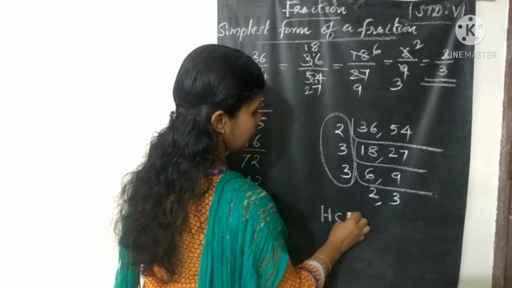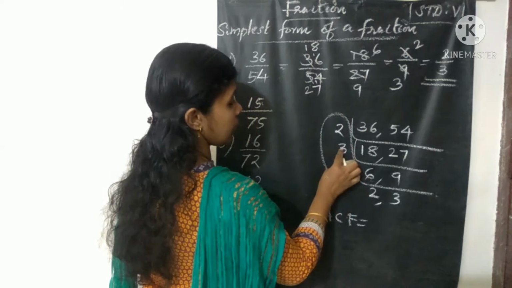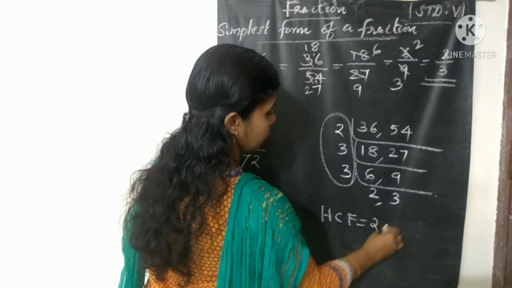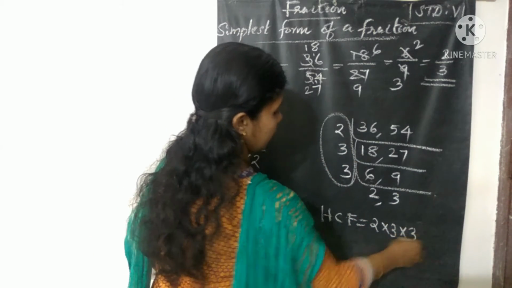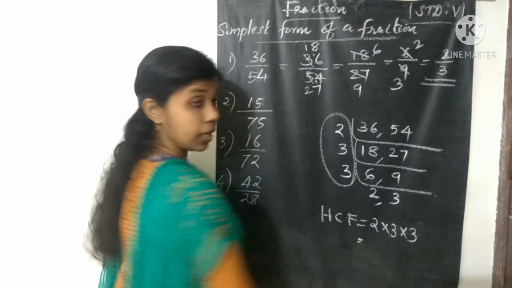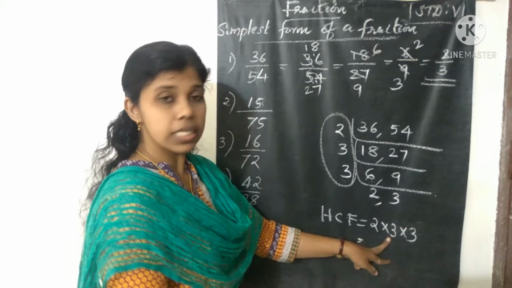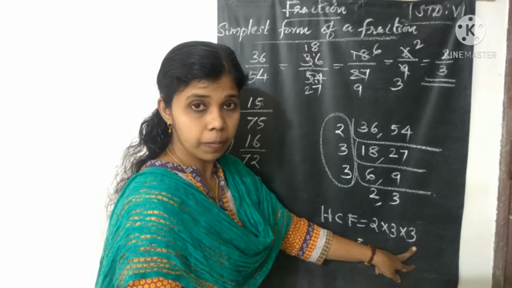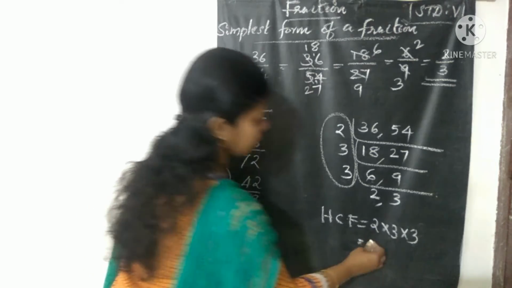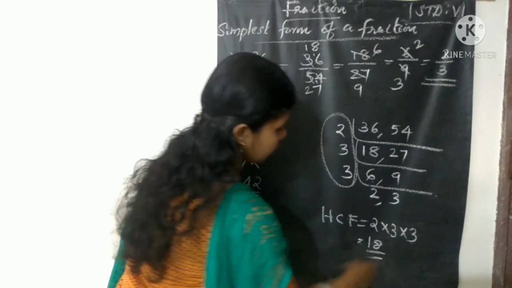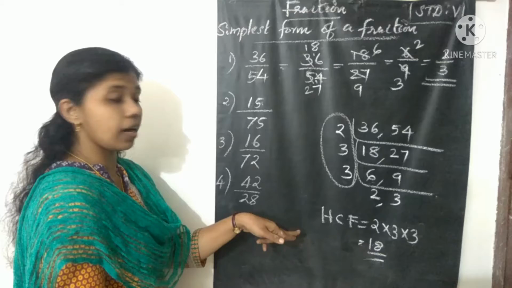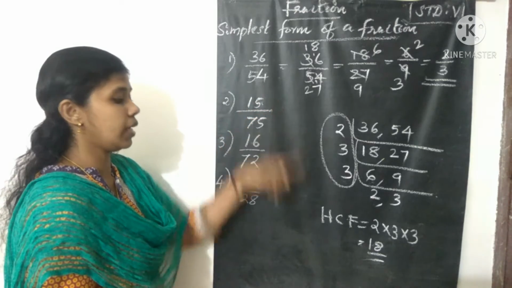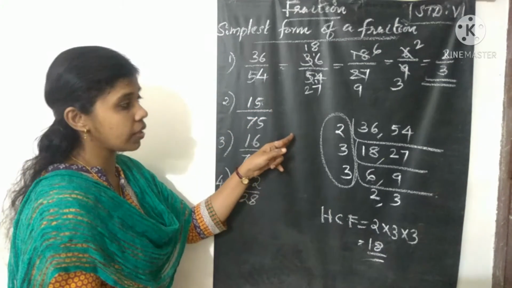HCF equal to what? 2 into 3 into 3. 2 into 3, 6. 6 3's are 18. Okay, so we get 18 is the HCF of these two.